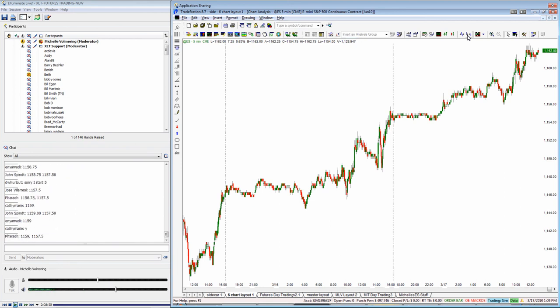Okay, 1157.50. Now, what was the 15-minute bar high? Same thing, 1159.25 and 1157.50. So now let's just say that the market had an entry for you to get long.